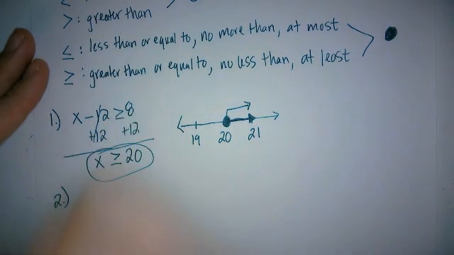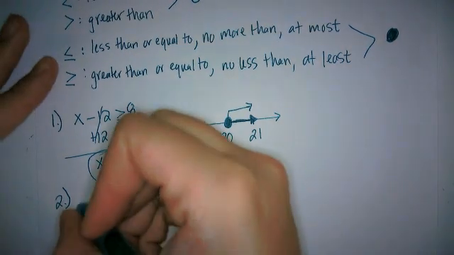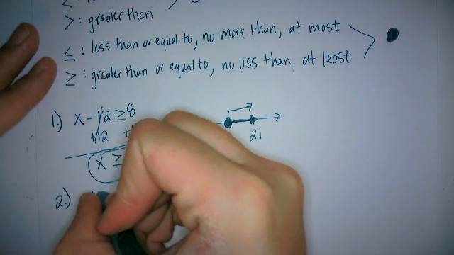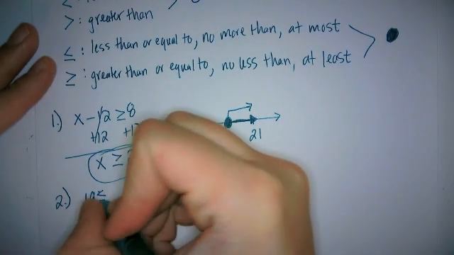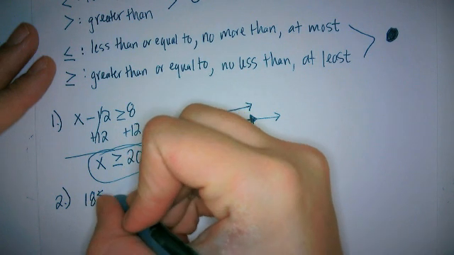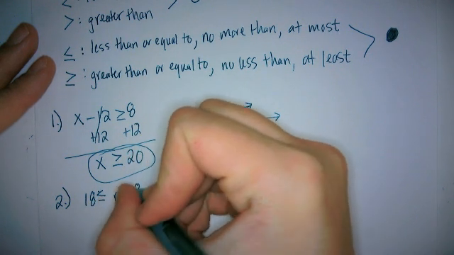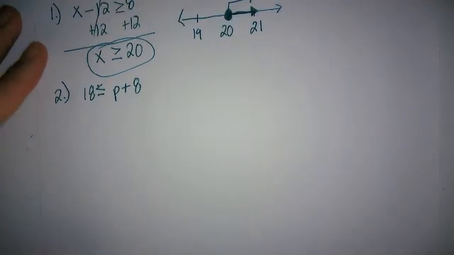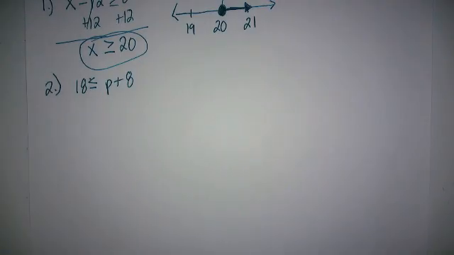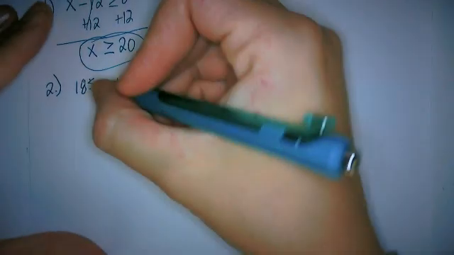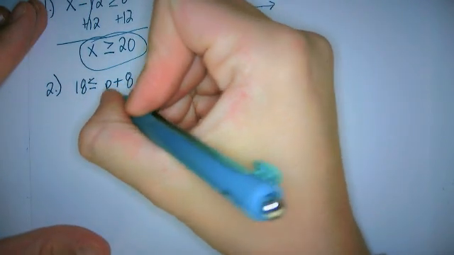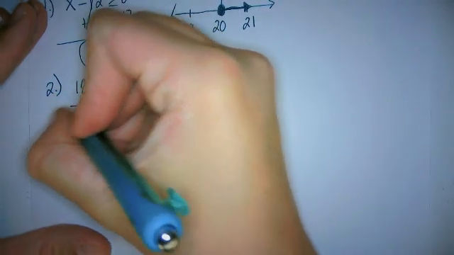All right, let's try another one. Let's say we have 18 is less than or equal to p plus 8. Again, solving, we would get p by itself, so we would just subtract 8 from both sides.